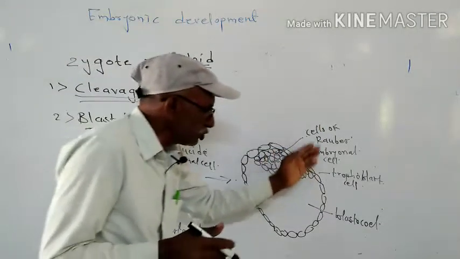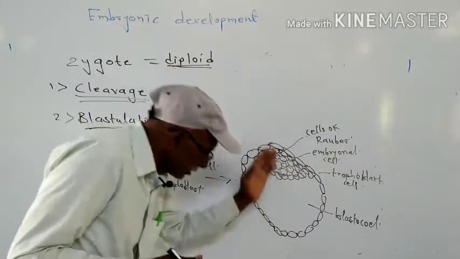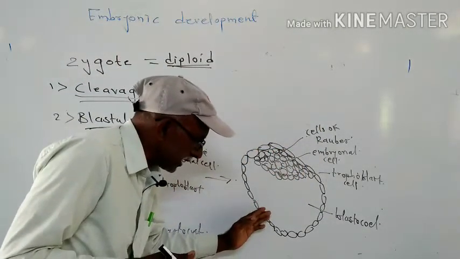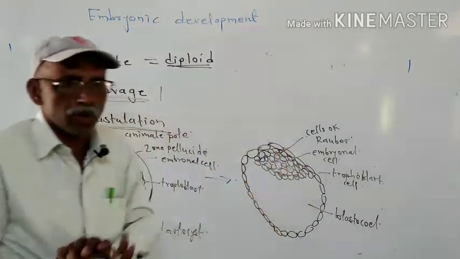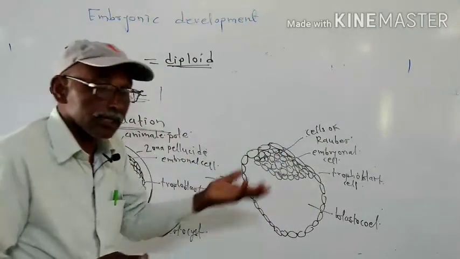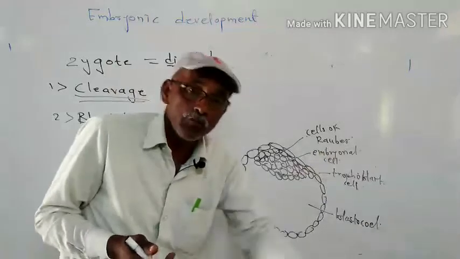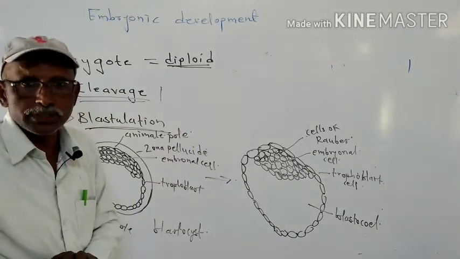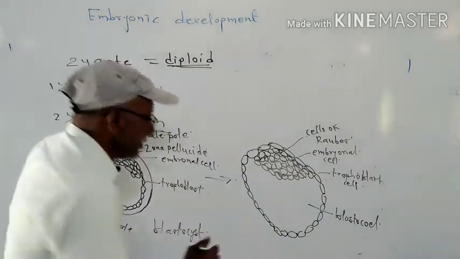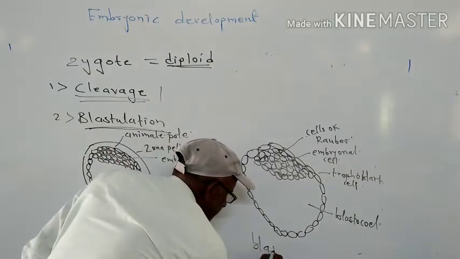And opposite to the embryonal pole, that pole is called what? Abembryonal end, or the vegetal end. So this is the blastocyst.